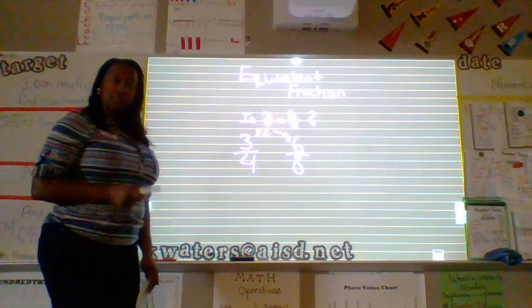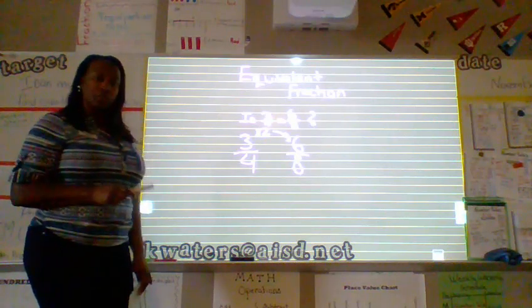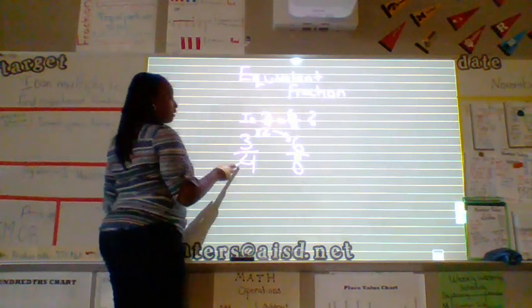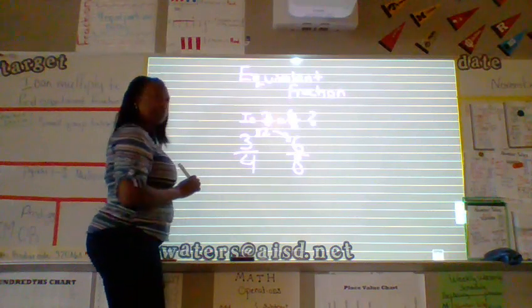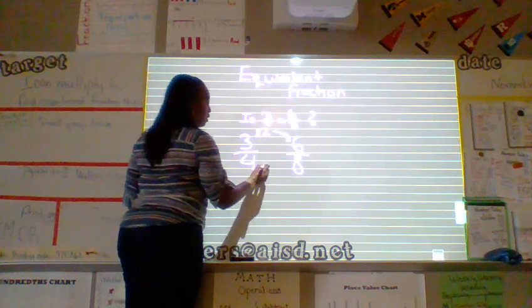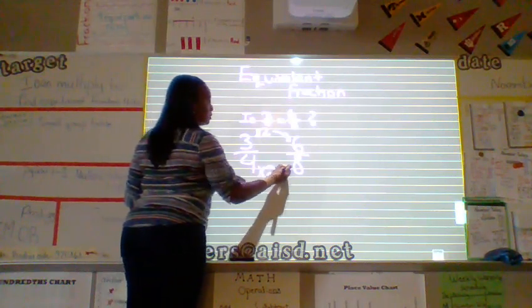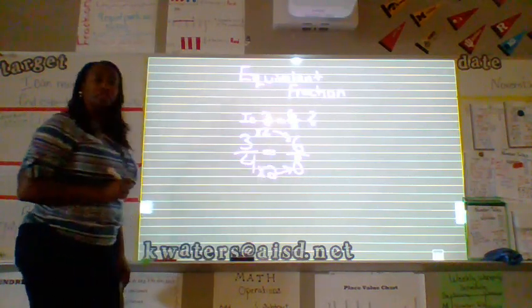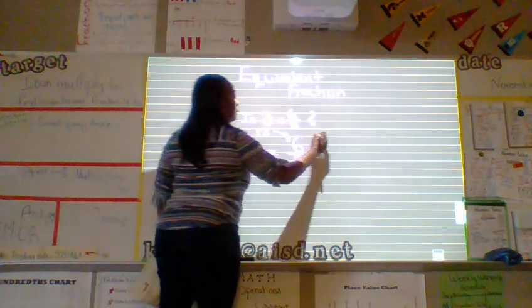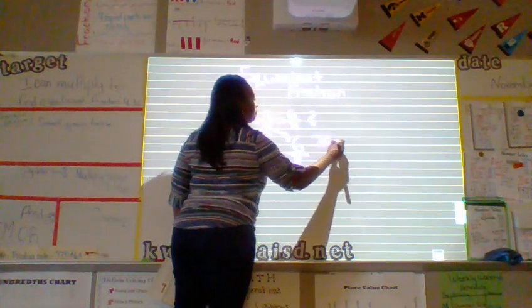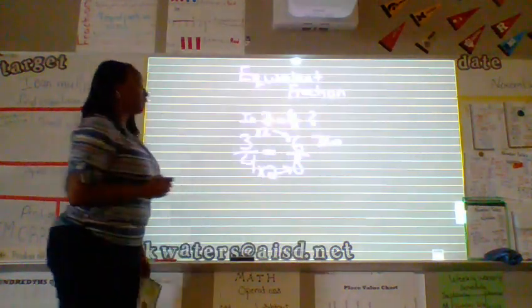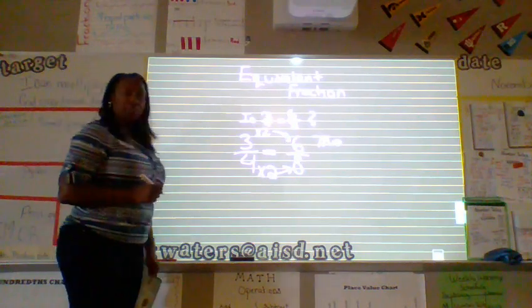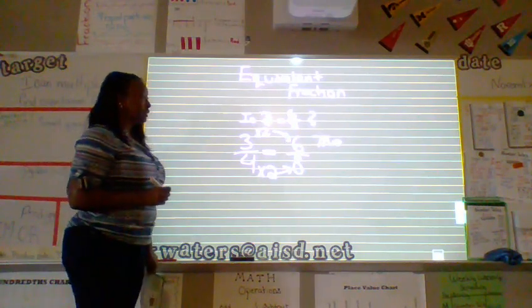Now the question becomes, can I take that same factor of 2 and multiply it by the denominator 4 and get 8? Yes, I can. 4 times 2 is 8. So yes, this is a true statement: 3/4 is equal to 6/8.